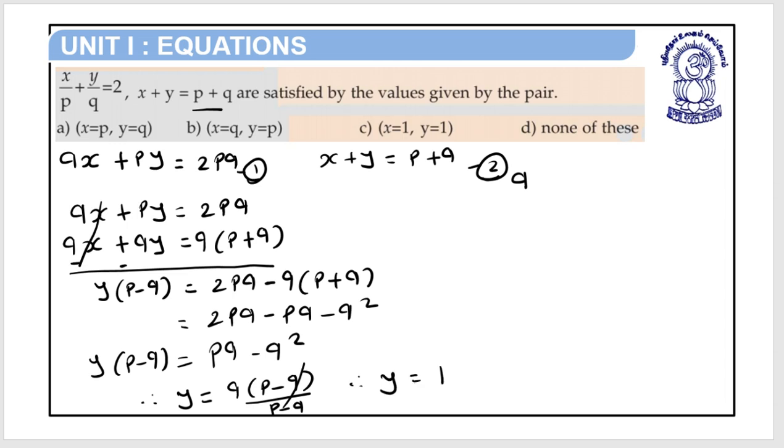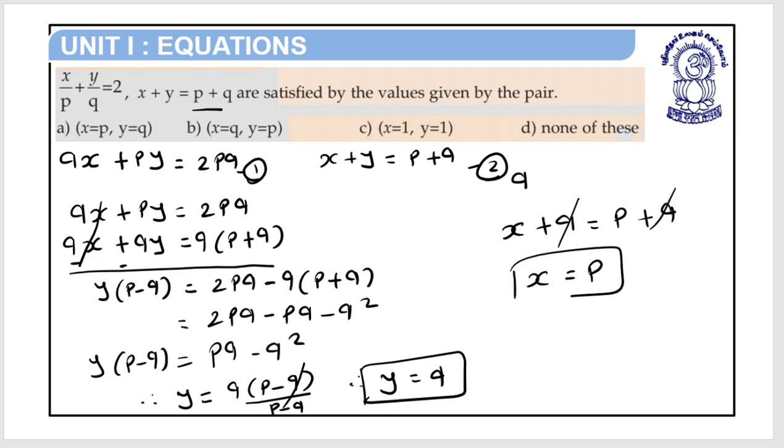So y is equal to q. Now put the value of y into the second equation. So x plus q is equal to p plus q. q cancel. So we get x is equal to p. So the answer is x is equal to p and y is equal to q. So answer is A.